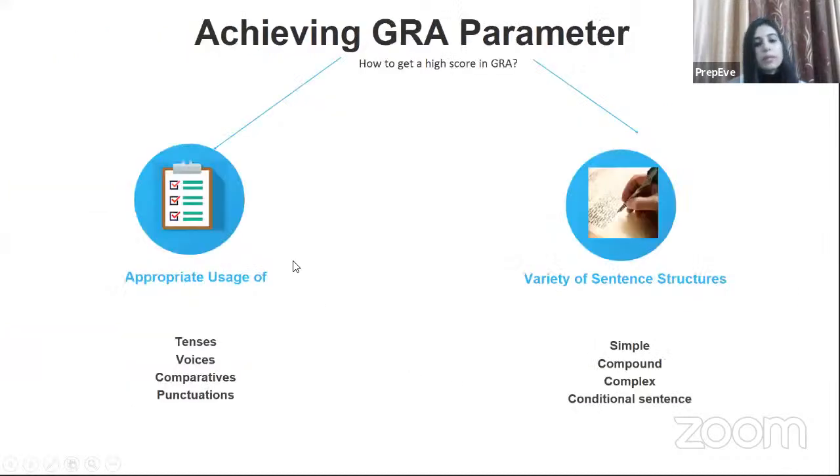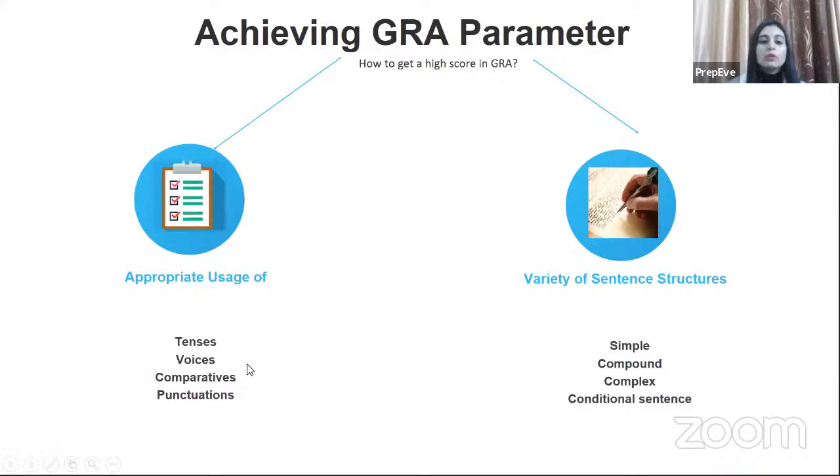And grammar is pretty basic. So everything would come under grammar, from your tenses, voices, comparatives, punctuations. And then when it comes to variety of sentences, they want you to use simple, compound, complex, and conditional sentences.